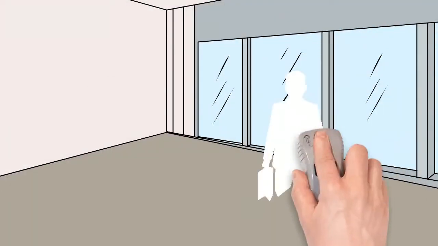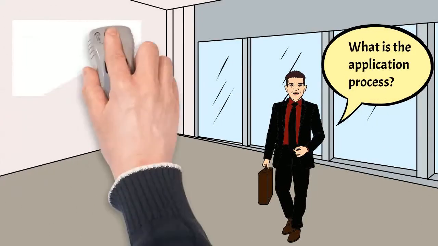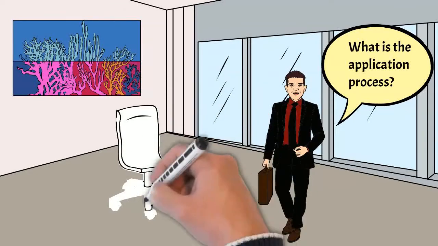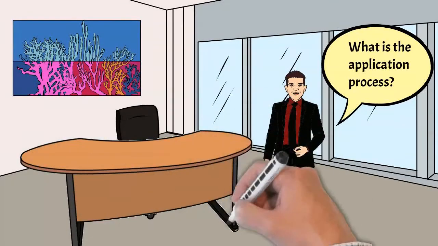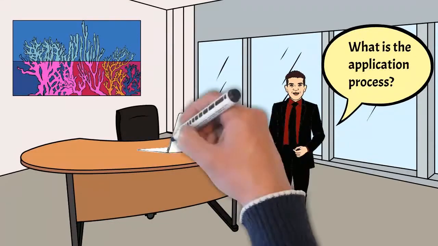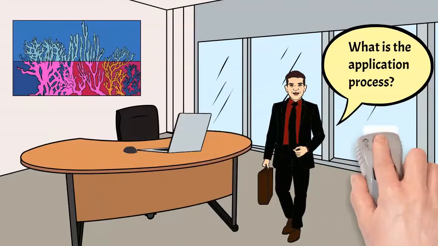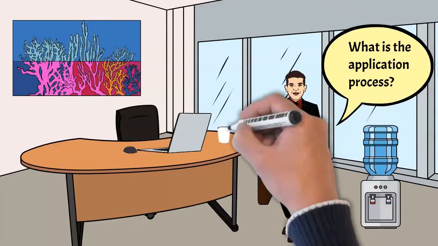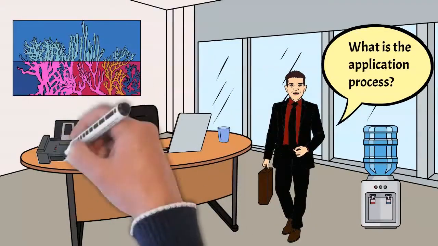What is the application process? Most individuals applying for an E-3 visa apply at a consulate. Their employer would file a labor condition application or LCA, in addition to a Form DS-160. However, an individual does have the option of applying to change to E-3 status, or to extend E-3 status, from within the U.S. Their employer would do this by filing a Form I-129 with U.S. Citizenship and Immigration Services or USCIS, in addition to the LCA.